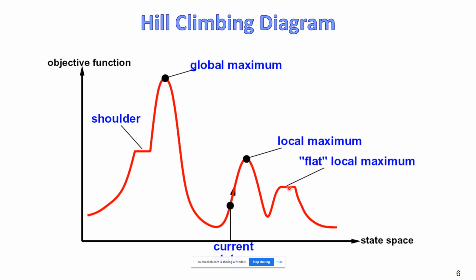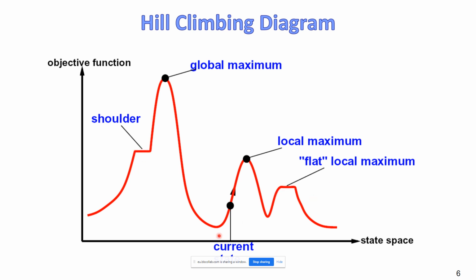The difference between this and something like that is that if you move in the other directions here, you will see lower values, but for the shoulder you have lower values in one direction, on one side, and higher values on the other side. So that's called a shoulder. Again, this is a local maximum, but it is a bit different from that case.